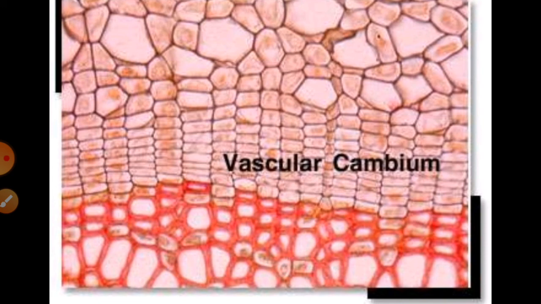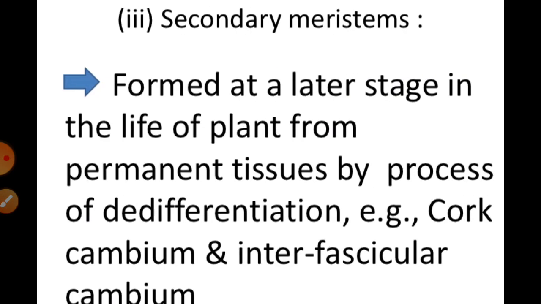They form the secondary meristems such as cork cambium and intervascular cambium, which allow secondary growth in the tissues. Without this growth the plant cannot grow properly, and on the basis of this the plant changes in different ways.